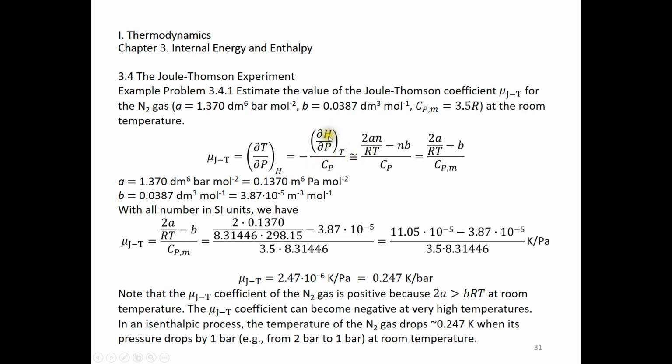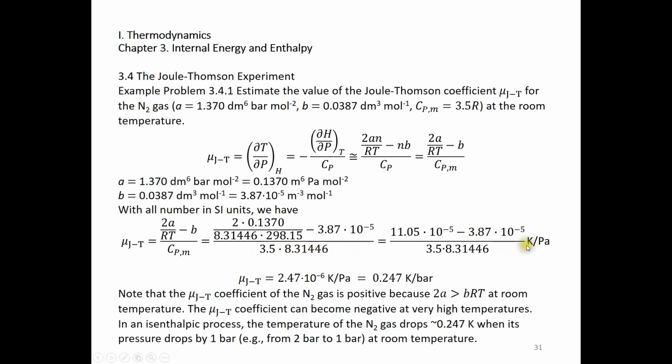And then delta H over delta P under constant temperature condition is 2AN over RT minus NB. And then we simplify this by dividing the numerator and denominator by n. And then we can plug in all the numbers: 2A over RT minus B over CPM, which is 3.5 R.